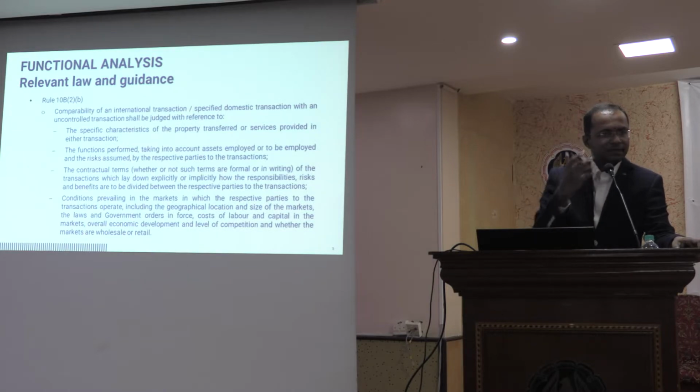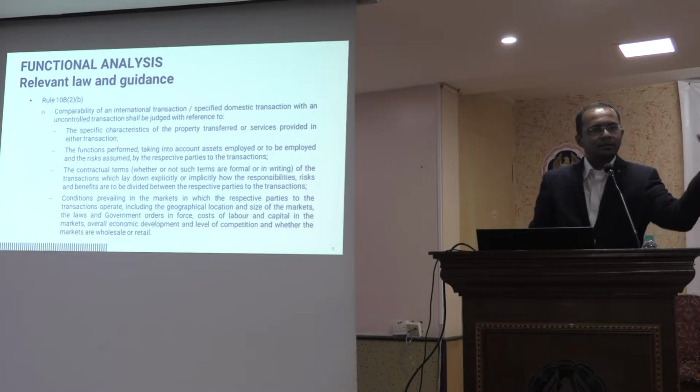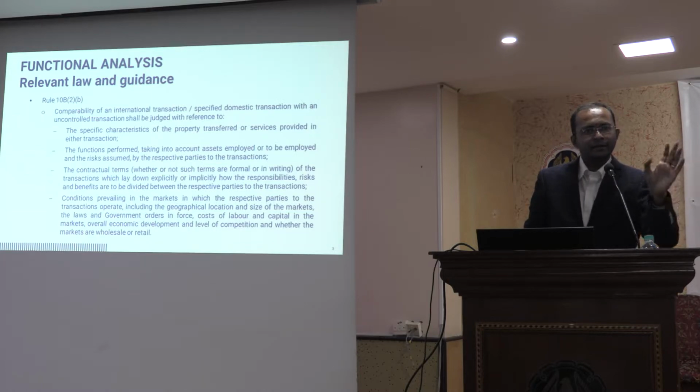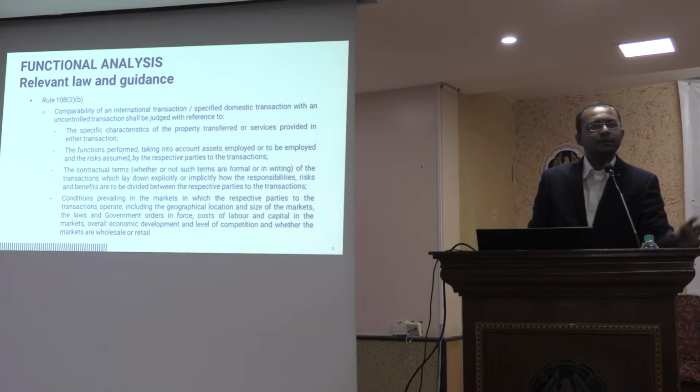Right? Let's take the same case of the manufacturer of connecting rods or arms. What are the assets employed in manufacturing the components? There will be plant and machinery, there will be land and building. Land and building could be owned or could be rented out, leased out. Then comes plant and machinery, that also could be rented out or owned. Right?